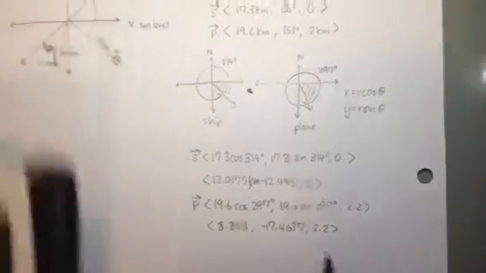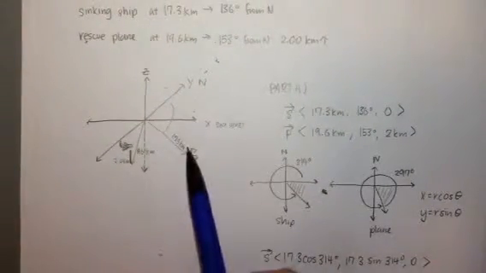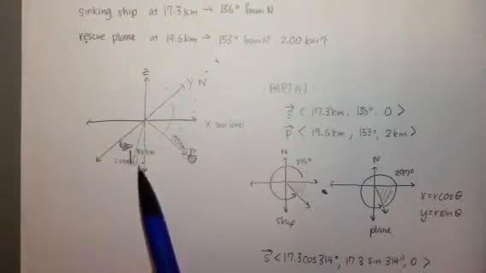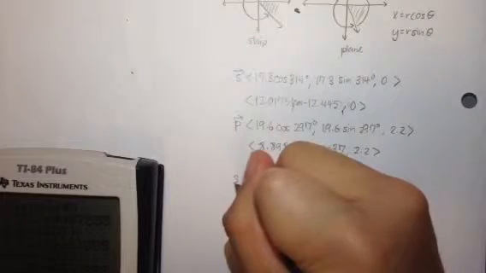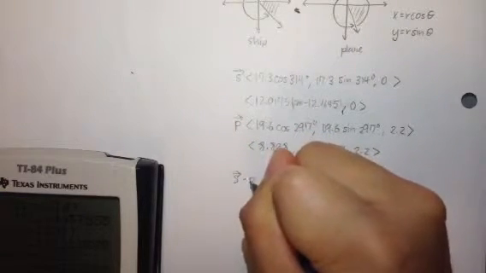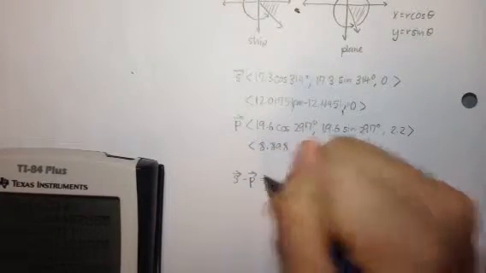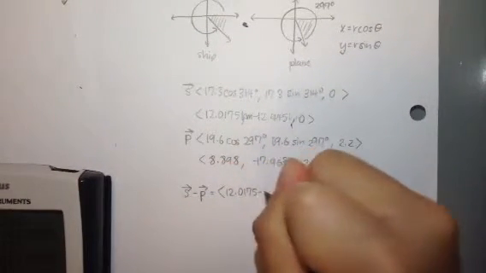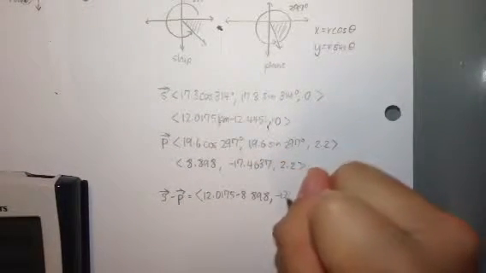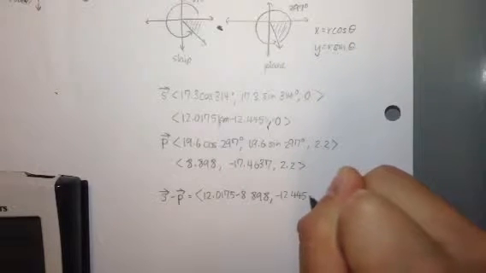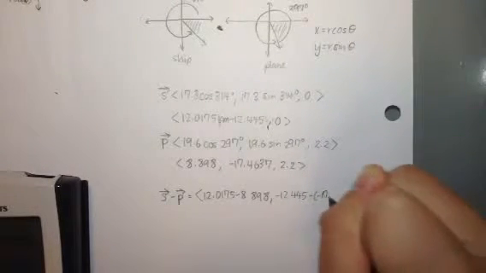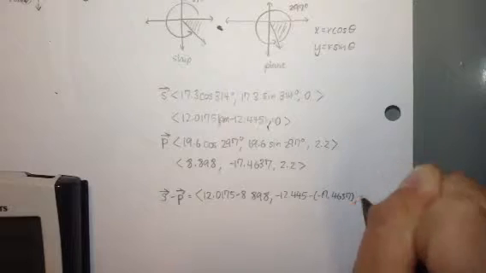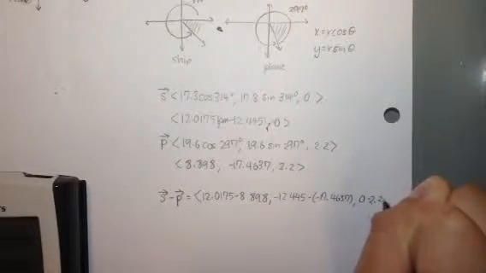Part A of the problem asks us to figure out where the sinking ship is relative to the plane. So basically what this point is relative to here. In order to find that, we just subtract P from S. So this equals approximately 12.0175 minus 8.898, comma, negative 12.445 minus negative 17.4637, and then 0 minus 2.2.